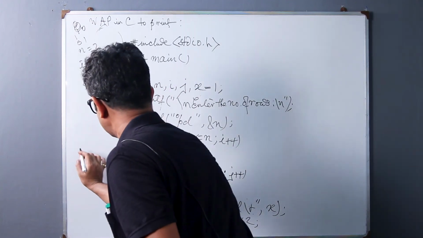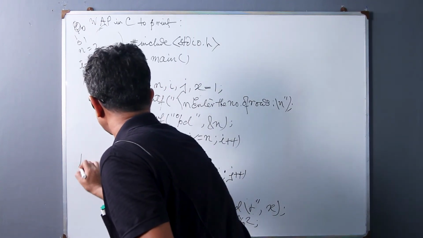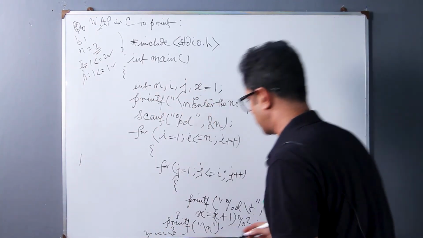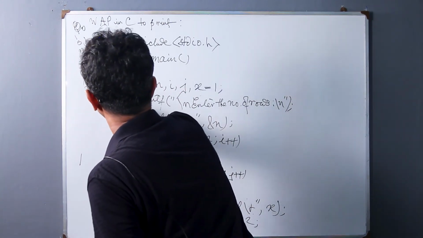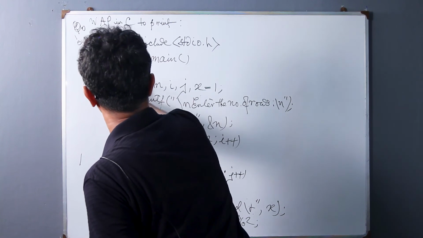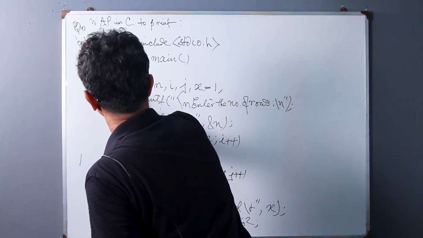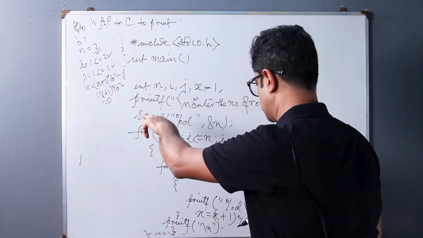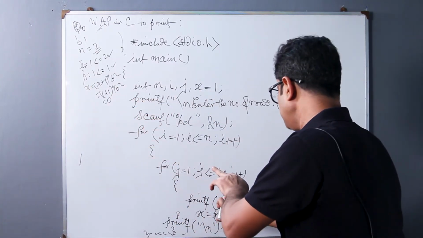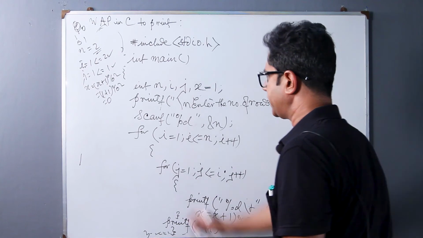So let us print the output over here. x is 1 because x has been initialized to 1. Then x is incremented by x plus 1 modulo 2, that is 1 plus 1 %2, that means 0. So x now becomes 0.